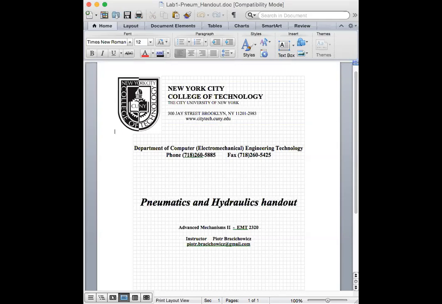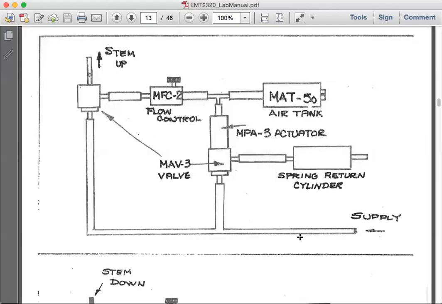Okay, so let me stop sharing that and go back to our system. This system has two 3-way valves, MAV3, as indicated here. This one has the stem exposed, and the stem of this 3-way valve is inside the actuator.